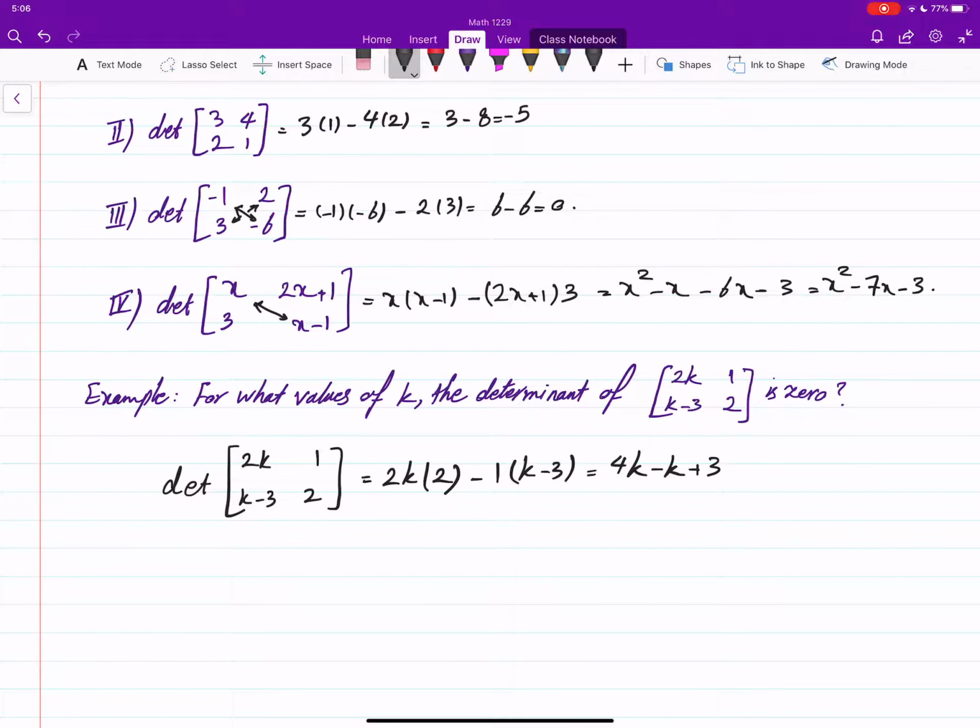And we want to find values of k which make the determinant 0. So it means that we need to see for what values of k, 3k plus 3 is 0. And that means that 3k is equal to negative 3, which means that if I plug in k equal to negative 1, then the determinant of this matrix will be 0.